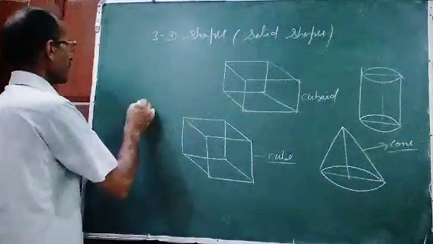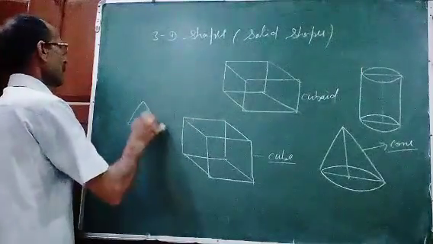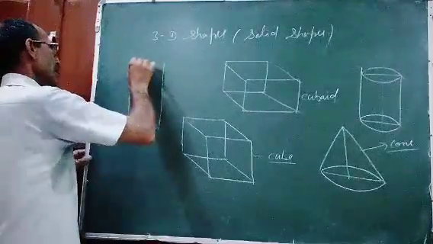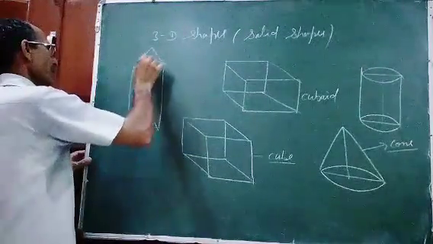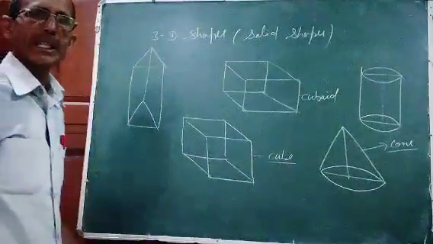And triangular prism, prisms. So these are the examples of three-dimensional shapes.